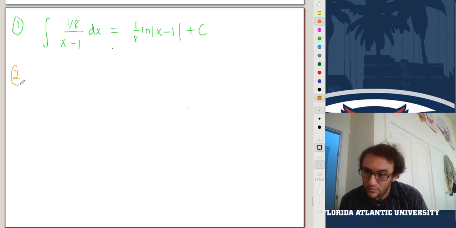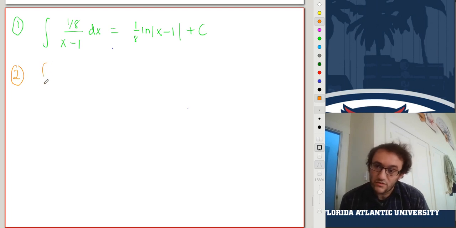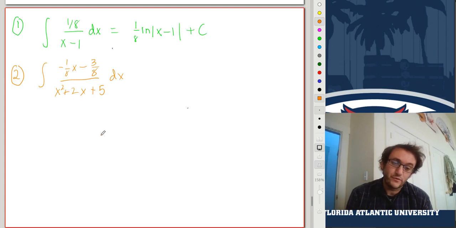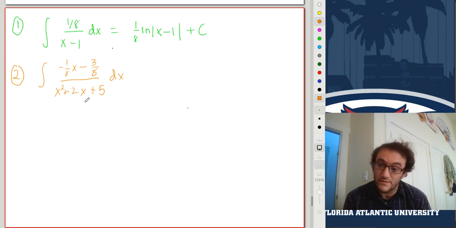How about 2? We have the integral of minus 1/8 x minus 3/8 divided by x squared plus 2x plus 5 dx. Following the advice from the slide earlier, we're going to complete the square in the denominator so we can have a sum of squares.